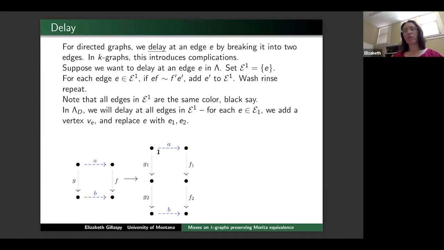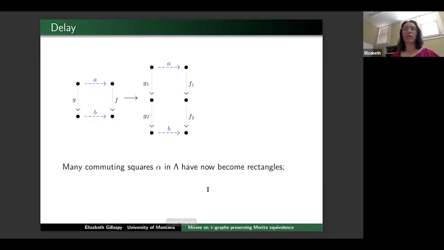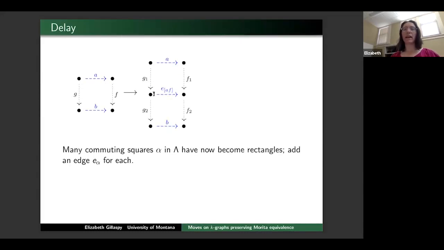But now, look, we've got this blue-black path, AF1, that's not equivalent to any black-blue path. So we need to add an edge for each of these rectangles that we've stretched our commuting squares out into. We need to add an edge for each one of those commuting squares.